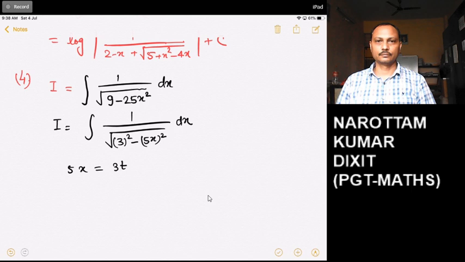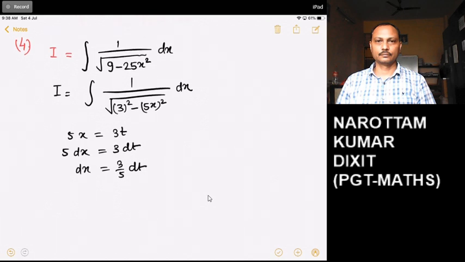So we can take it outside and we will get it in the form of 1 minus t square. Also we can take x equal to 3 upon 5 t. The meaning is same. Now find the derivative. 5 times dx is equals to 3 times of dt. So dx will become 3 upon 5 dt.